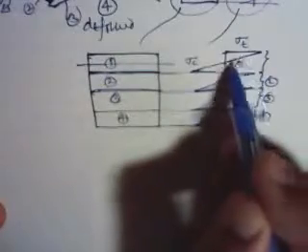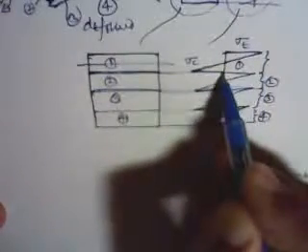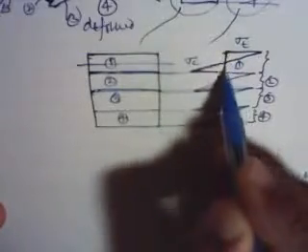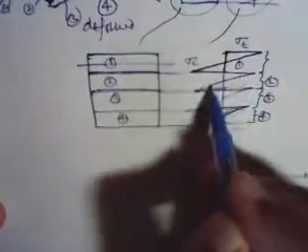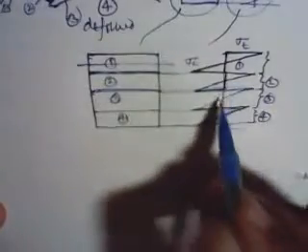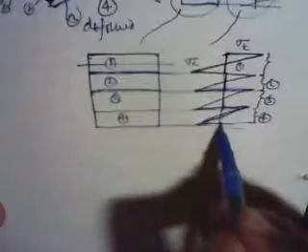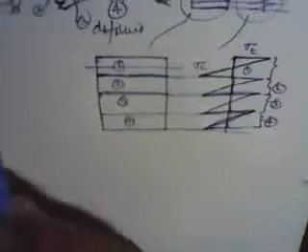So this is the enlarged stress distribution. This is the stress distribution for laminate number 1, laminate number 2, laminate number 3, and laminate number 4.